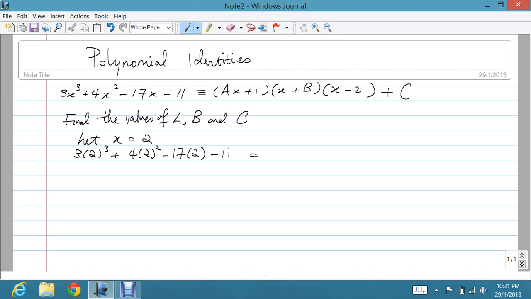On the right hand side, I can substitute in the first few terms, but notice that when I let x be 2 here, 2 minus 2 is 0, and the product of these three is 0, plus c. So immediately I can find c, and in this case c is equal to negative 5. Alright, so this is the substitution method.